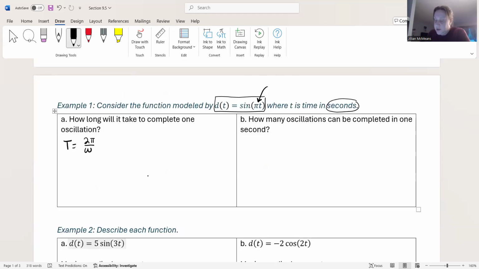So this is going to be 2 pi divided by pi. Well, the pi's are going to just divide out to become 1. So we're left with 2. Well, what does this mean? This means it takes 2 seconds to complete one oscillation.